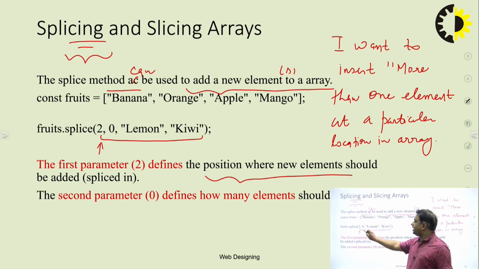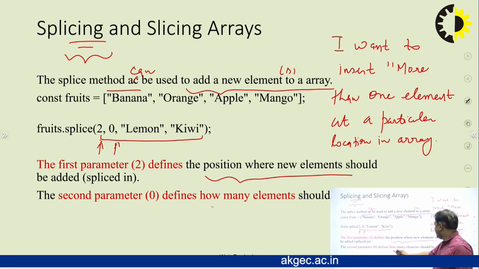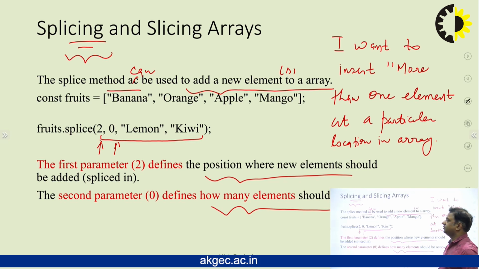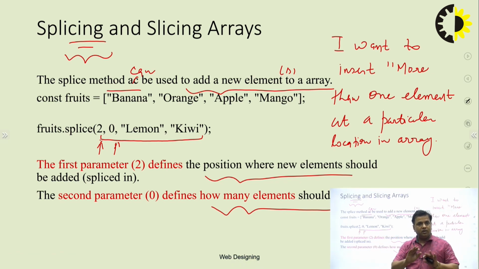So the new element should be added at location number 2. The second parameter 0 defines how many elements should be removed. Suppose I have written 0 here, that means I am not removing any element. At this moment I am interested only in inserting the elements.